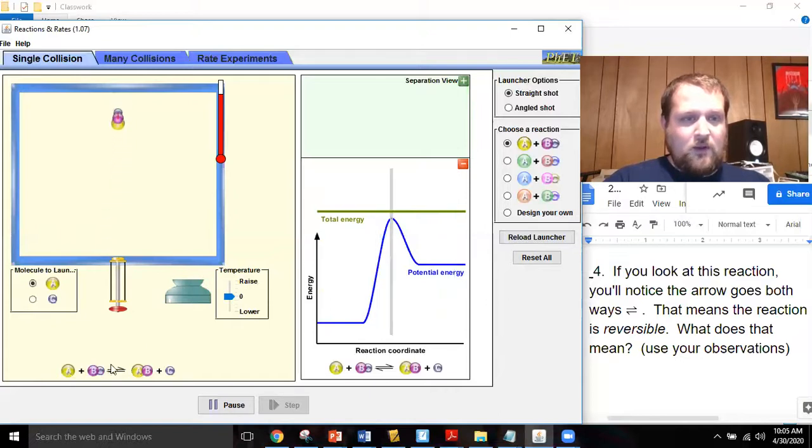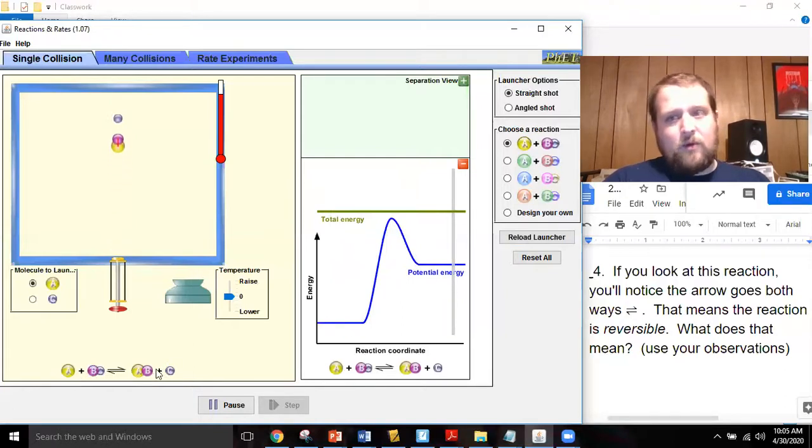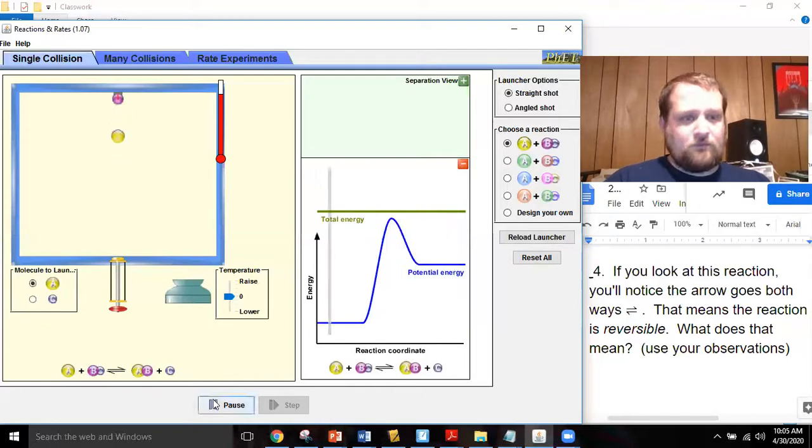So we have a reaction that goes forward. If you notice how they're colliding with each other, we have a change, but then it bounces and it changes back. So the reaction's going forwards and backwards, forwards and backwards, forwards and backwards. You can put that into your own words.